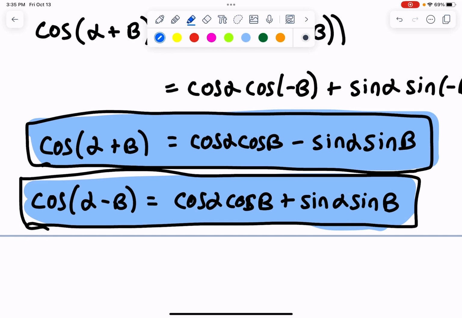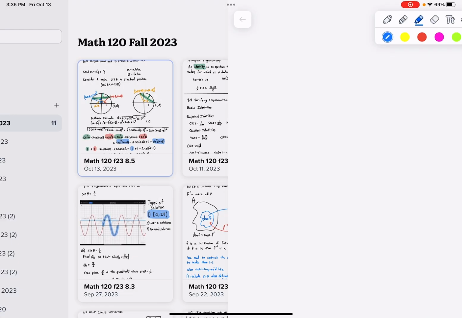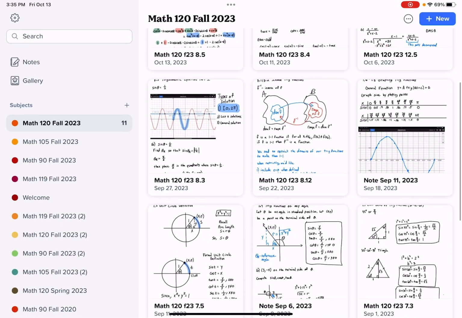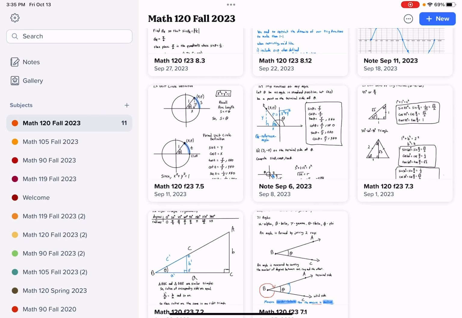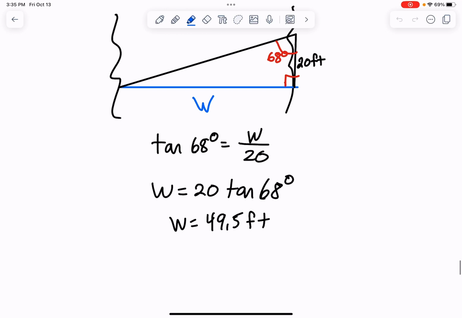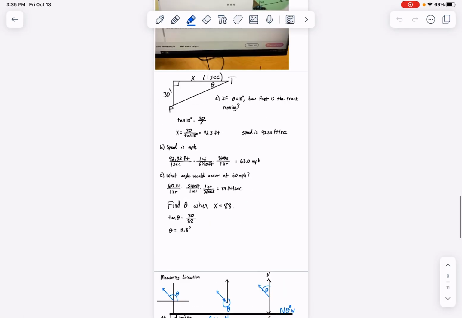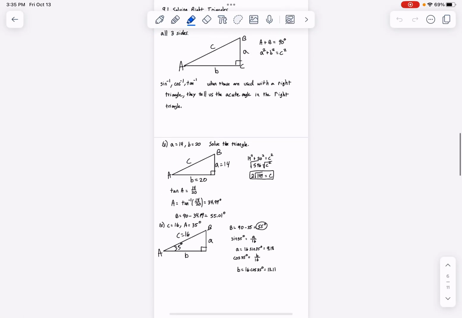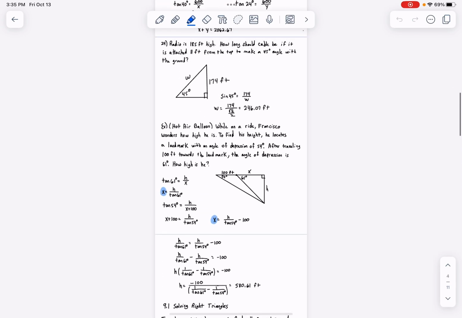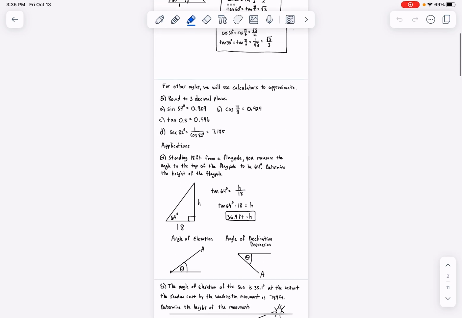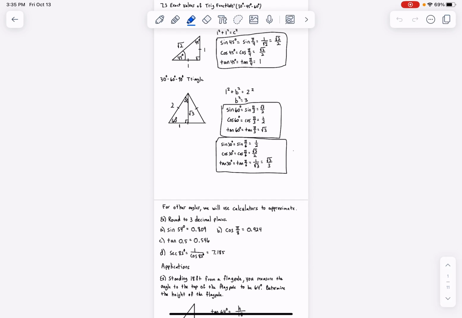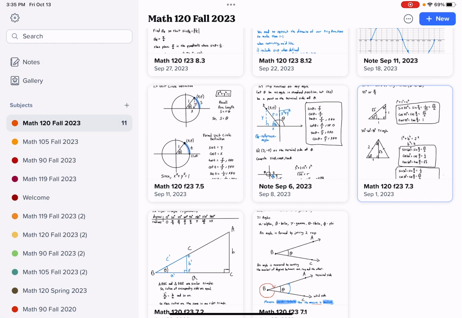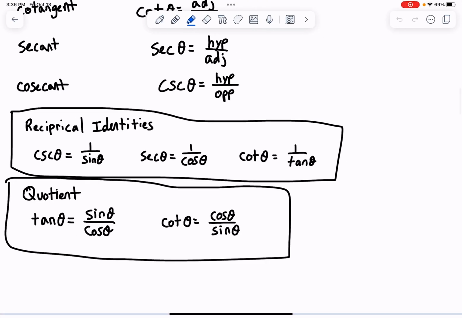Now, a while back, we had a result that we found way back in the beginning when we were looking at trig functions of an angle. It's actually back in one section even before that, I believe.